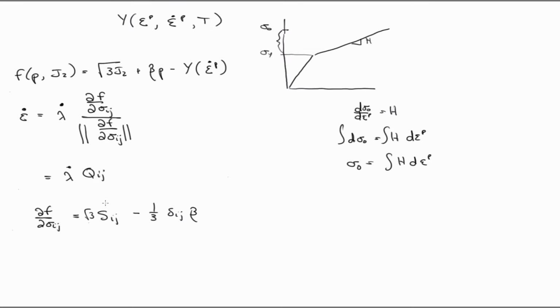Should I say it's in the square root? Because previously we said the derivative of J2 with respect to sigma ij was like Sij, inside J, but now we have the square root here. Yeah, we could work it out.